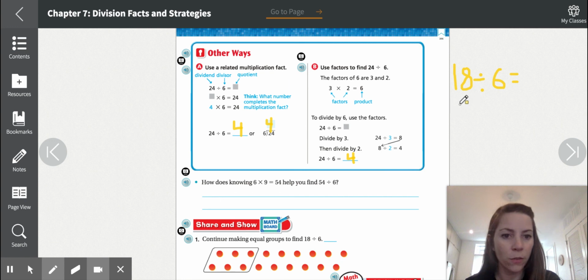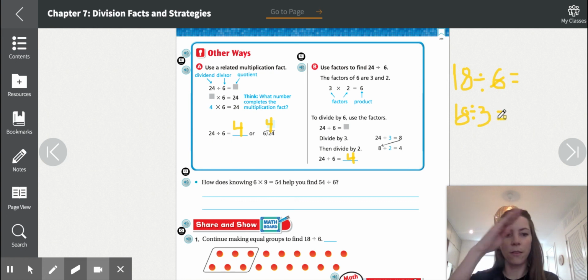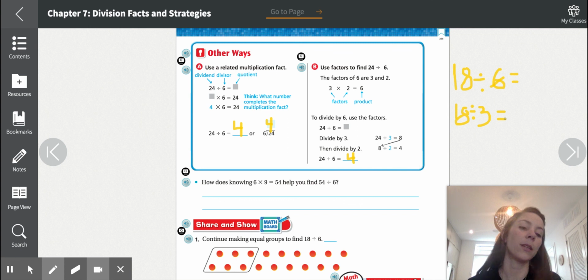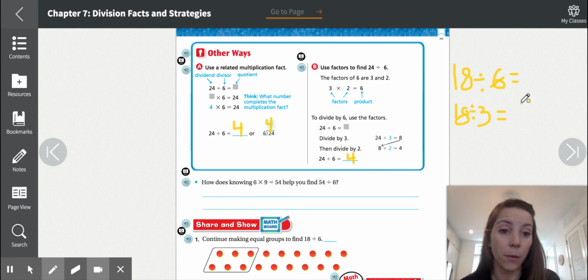Okay, so hopefully you've tried that. So we're going to change 6 into a 3 first. 18 divided by 3. And if I think of 3 groups that would add up to equal 18, that would be 6. And then I take that answer and divide by the other factor of 6, which was 2.